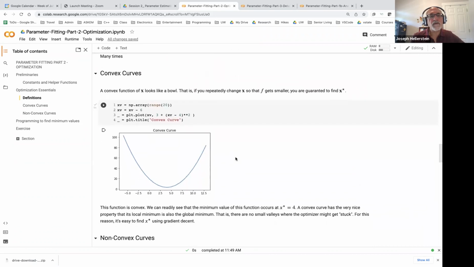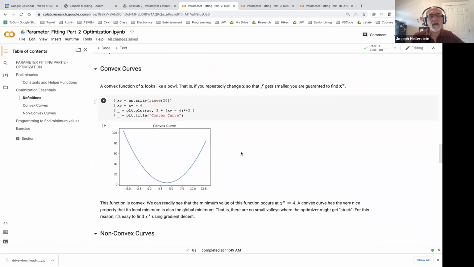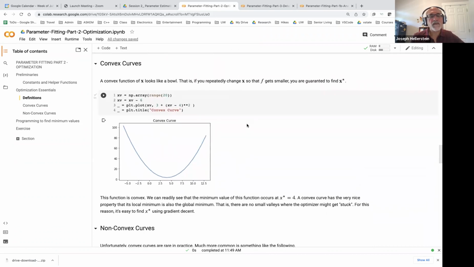There's some discussion here. This is what we were talking about before with convex curves. You get a sense for that. So remember, convex surfaces. This is a two-dimensional surface. What I was showing you before were three-dimensional surfaces.